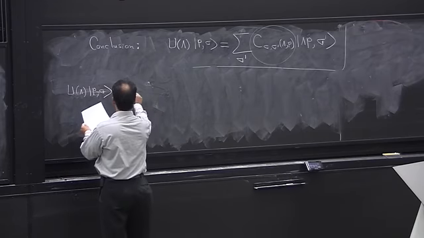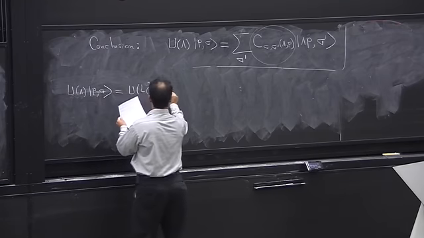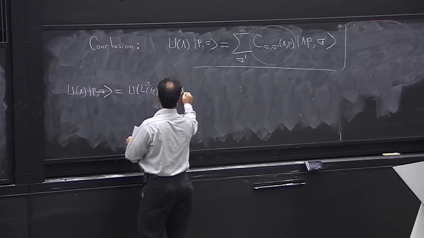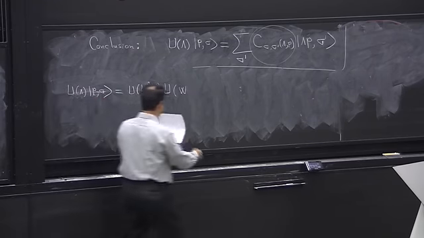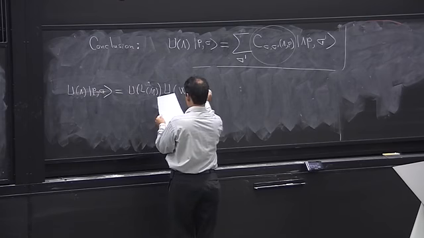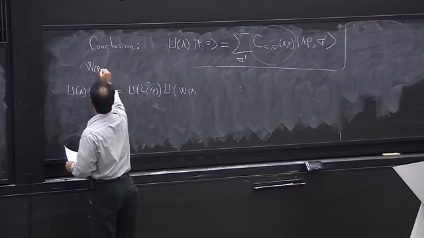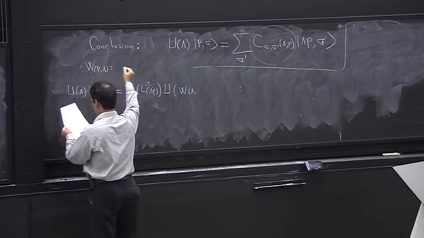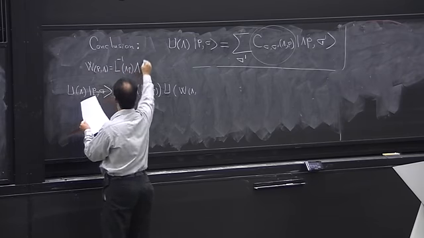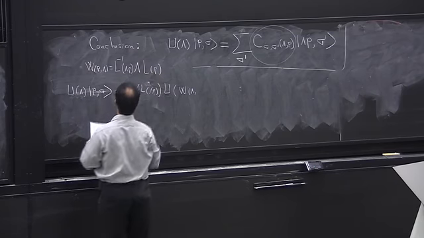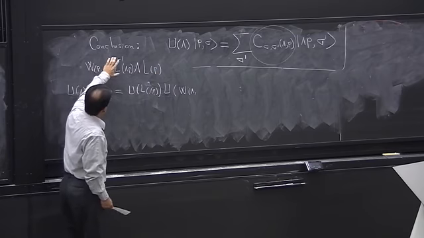Now we write this as U of... remember our definition of this guy. Of course, we're taking W here to be the special W that we had before. This is true for any W's, but we can take W to be exactly the one we had before.